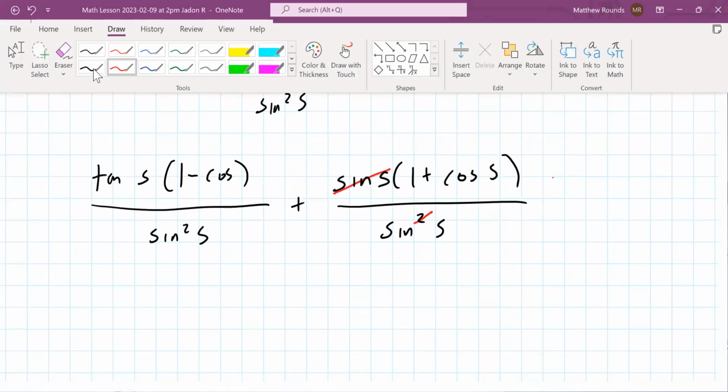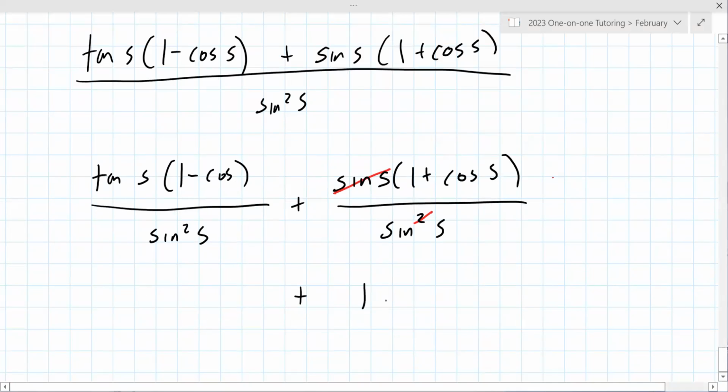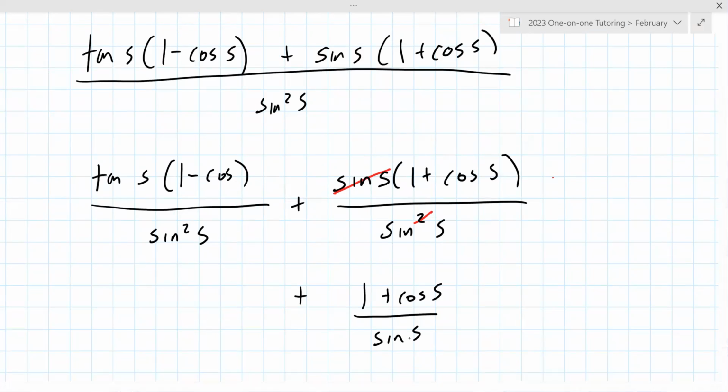So now let's work on that little piece. 1 plus cosine s over sine s. And maybe from an earlier problem, you can say what to do from here. Would it become 1 plus cotangent?